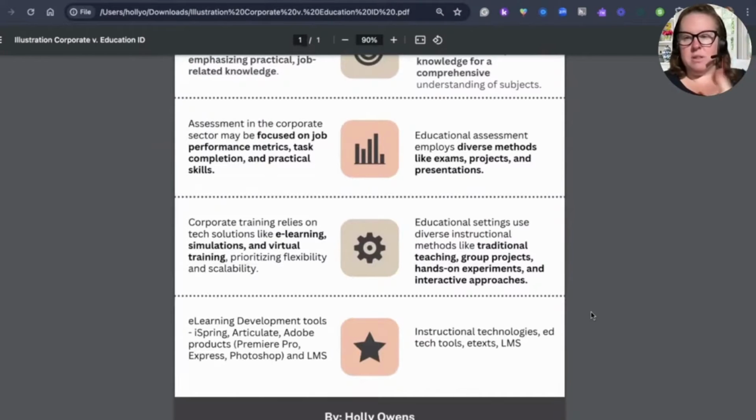So think about some of the tools that you've used, whether you've been in the classroom or on the learner side of it, what types of tools your instructors have used. Think about those to get you engaged in the conversation. That's very education. In the corporate space, we have a lot of the e-learning authoring tools like iSpring.